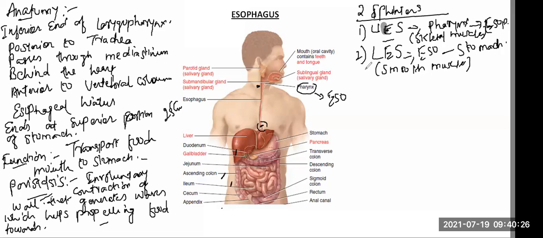The basic function of sphincters is to continue the forward movement of food. Suppose when the food enters from the esophagus into the stomach, the lower esophageal sphincter closes automatically so that the food may not start traveling backwards into the esophagus. Now there is a condition that we call gastroesophageal reflux disease.